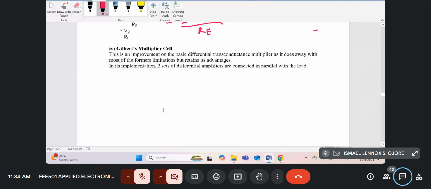An improvement of all this multiplier is to use what is known as the Gilbert's multiplier cell. Gilbert is the scientist that came out with this configuration of how to connect two differential amplifiers in parallel at the output and vary their transconductance with another differential amplifier for the signal V2.